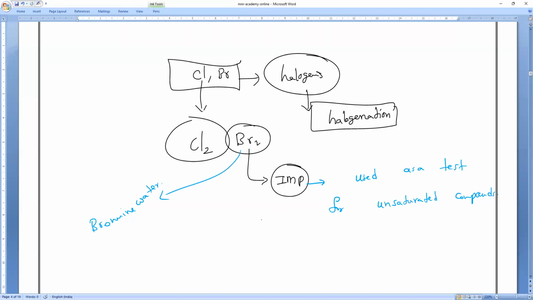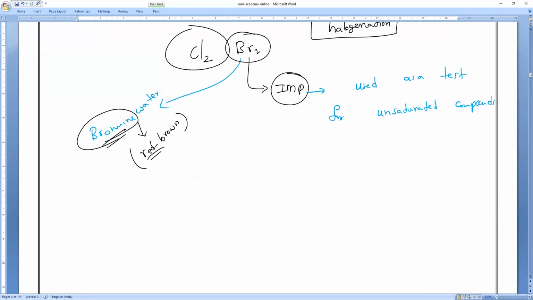Remember, bromine water has a color also, red-brown color. Even in class 9th you might have studied that. Red-brown color because bromine is present in it. So bromine water has a red-brown color due to the presence of bromine. When bromine water is added to the unsaturated hydrocarbon, the bromine gets added to the unsaturated compound and the color of bromine water is discharged, it becomes colorless. Extremely important one.